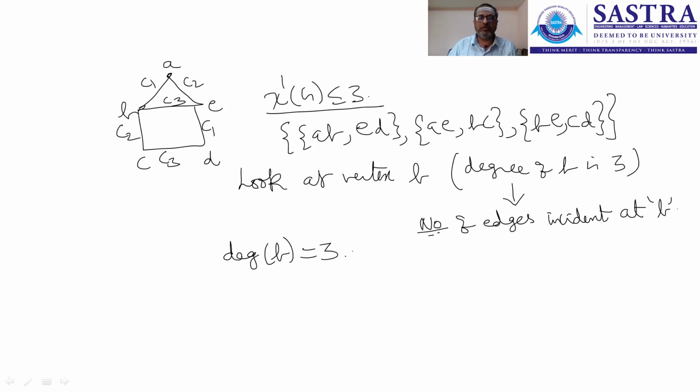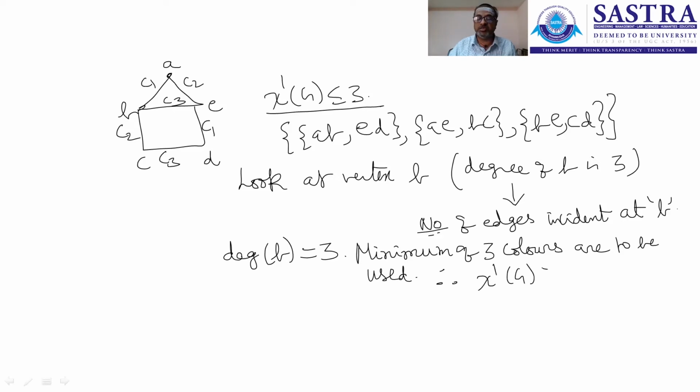So in this case, a minimum of 3 colors have to be used, because I require at least 3 colors, C1 and so on, since I have 3 edges incident at B. Therefore chi dash of G is greater than or equal to 3.